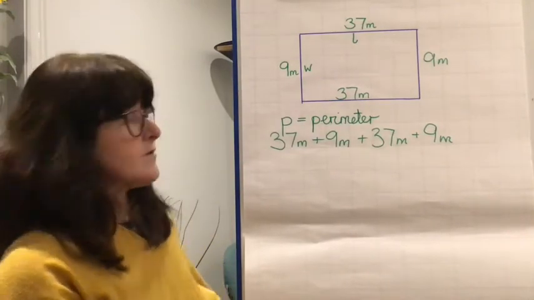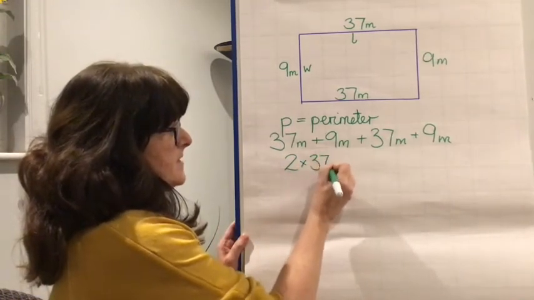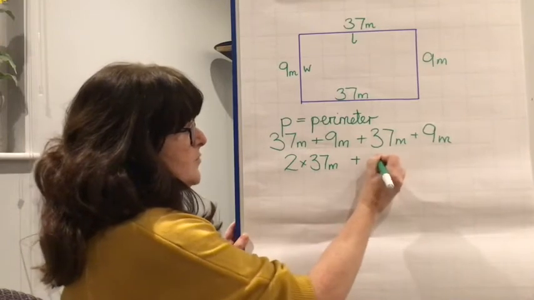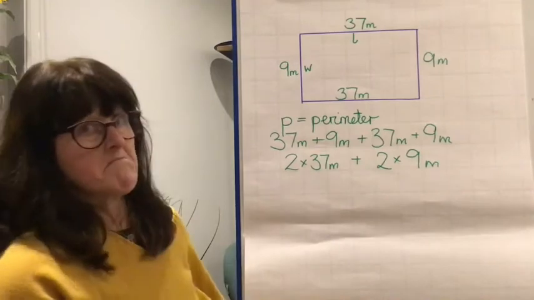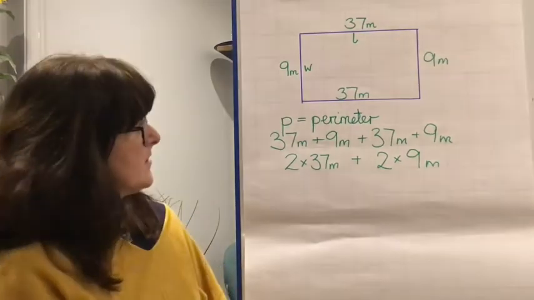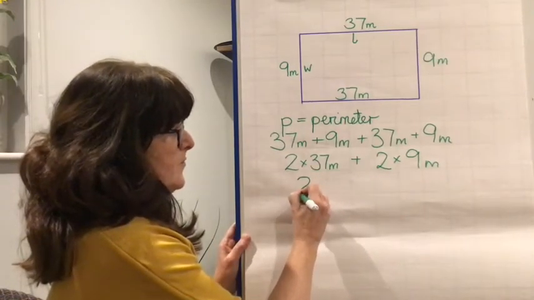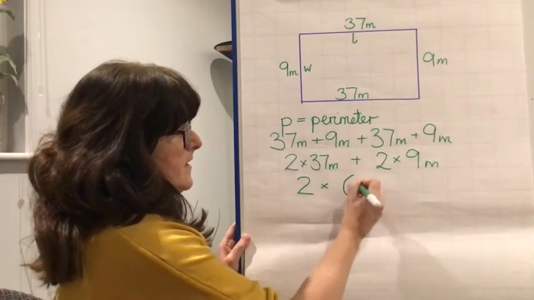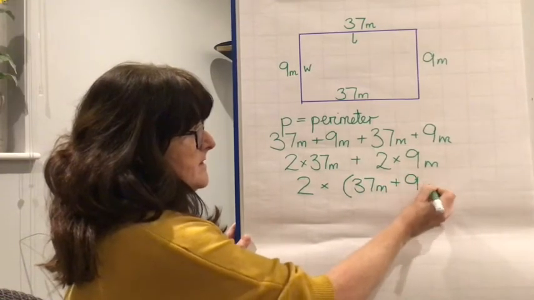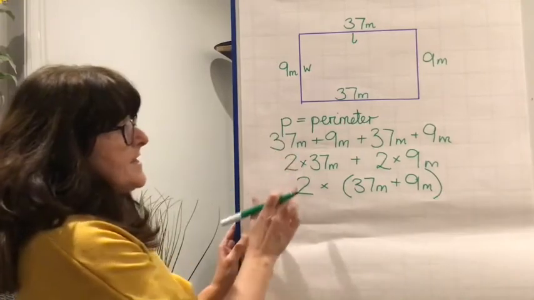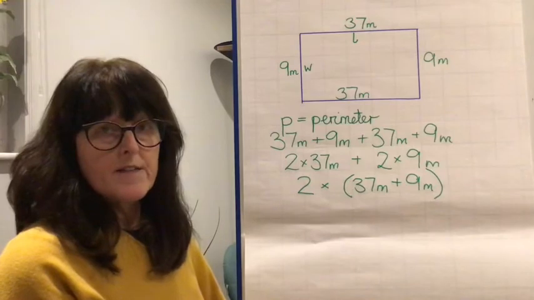I could, of course, do 2 lots of 37 metres and add them to 2 lots of 9 metres. That would be another way of working it out. Or I could do 2 lots of 37 metres plus 9 metres. Any of these methods will give you the perimeter of that rectangle.